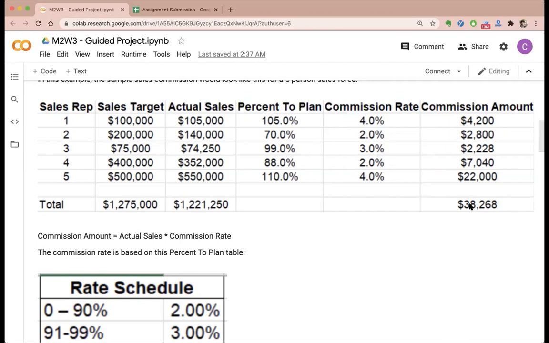So what is the first very naive solution that you can have for this? Yeah, the same budget would be the most naive solution, right? You'll just say that, okay, next year also 38.2K will be my commission amount. So this is the next thing that you can do.